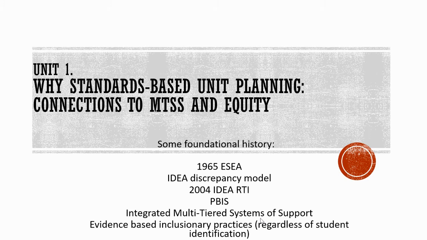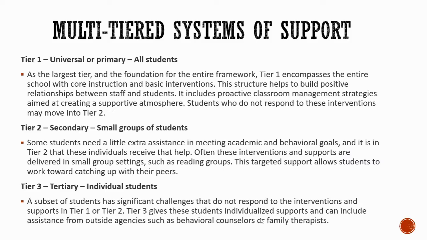Multi-tiered Systems of Support, or MTSS, is the latest iteration of this framework that helps educators integrate academic and behavioral strategies for students with various needs. MTSS grew out of the integration of both RTI and the PBIS framework. Whereas the response to intervention model of assessment originally sought to identify students who would benefit from more intensive supports, MTSS has grown to encompass all students at every level.